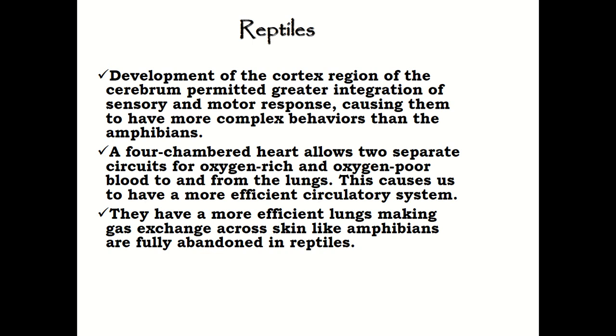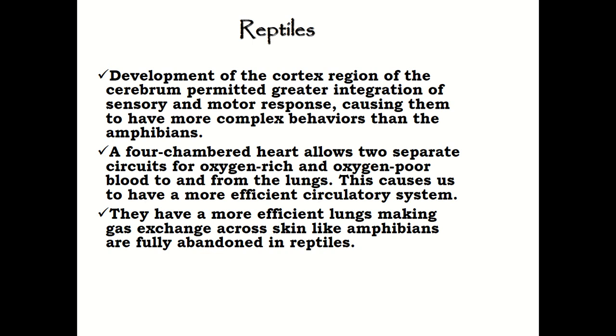And also reptiles have a four-chambered heart, meaning they possess two atria and two ventricles in their heart, that allow two separate circuits for oxygen-rich and oxygen-poor blood to and from the lungs. So, like us humans, who also have a four-chambered heart, they have a more efficient circulatory system.